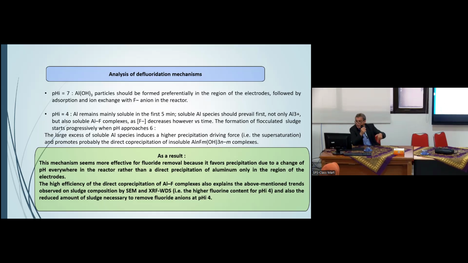It remains soluble because not only cationic aluminum is provided first, but also soluble aluminum fluoride complexes. That's why we have less fluoride in the solution. And as fluoride decreases with time, the formation of flocs starts progressively when pH approaches 6, because even if we start with 4, with time it becomes 6. That explains why initial pH 4 is better than initial pH 7.